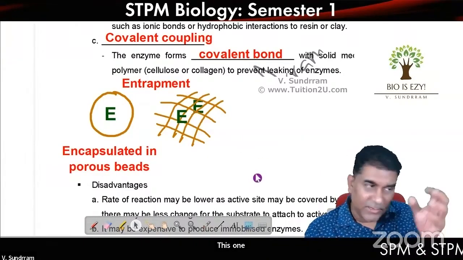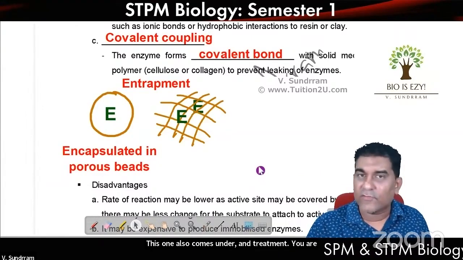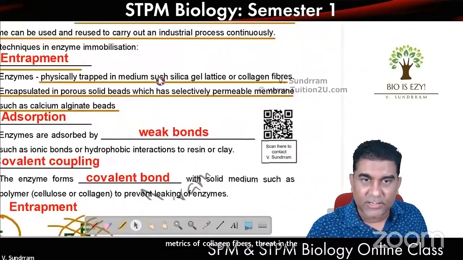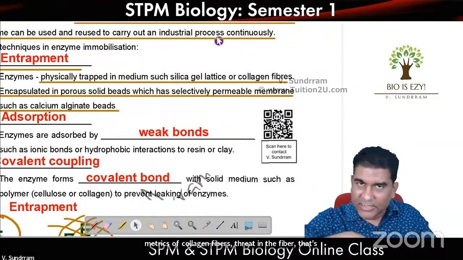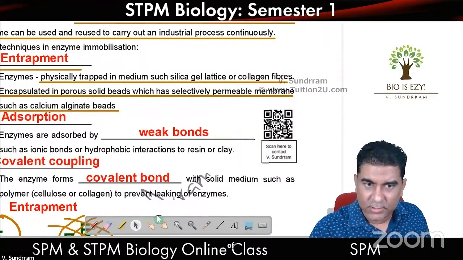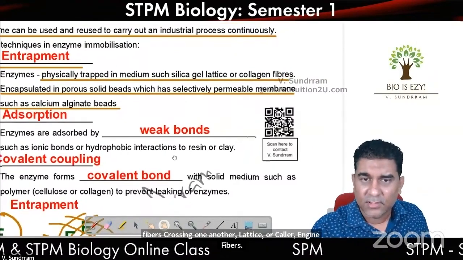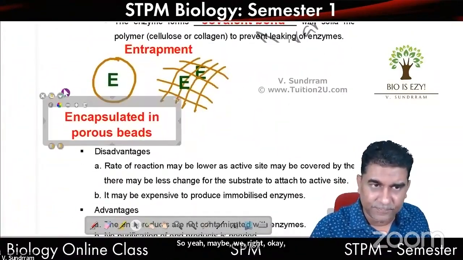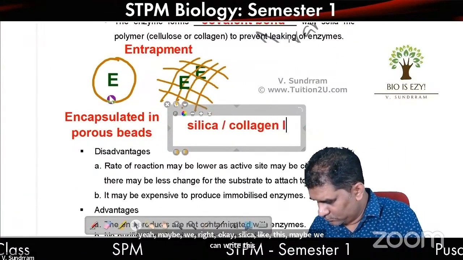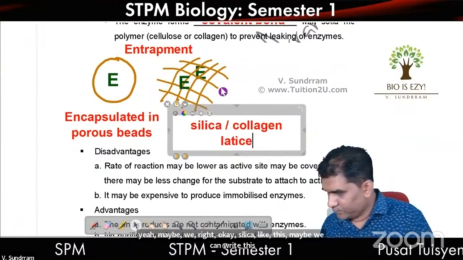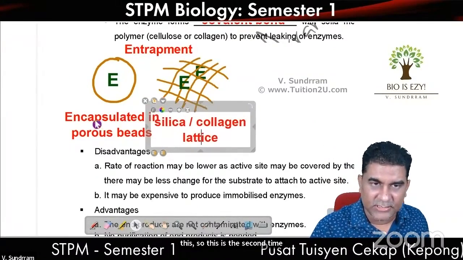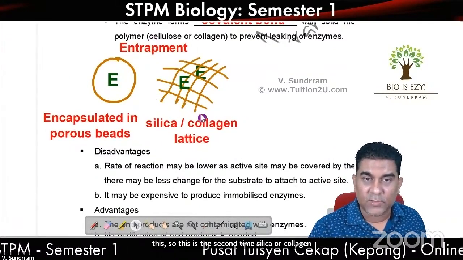You are trapping the enzyme in a bead or maybe in a matrix of collagen fibers. Trapped in the fiber. That's the first one you have here. Trapped in a silica lattice. Lattice means like a lot of fibers crossing one another. Lattice or collagen fibers. So here maybe we write, okay, silica lattice. So this is the second type, silica or collagen lattice. Both come under the word entrapment.